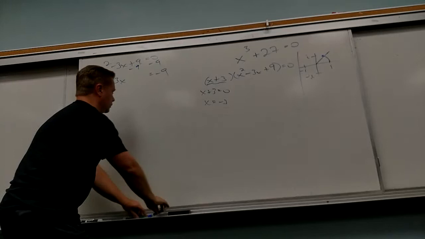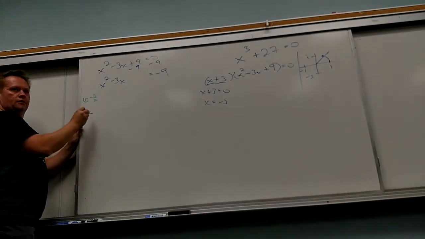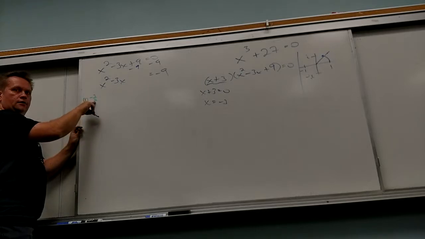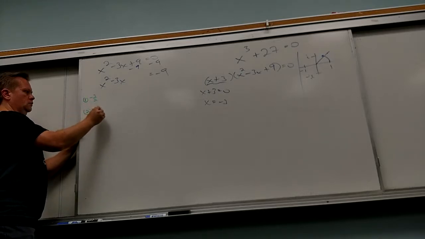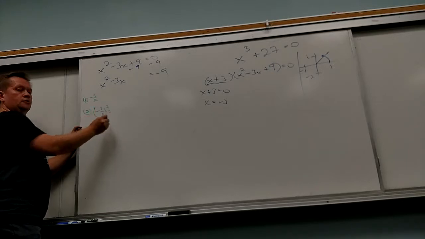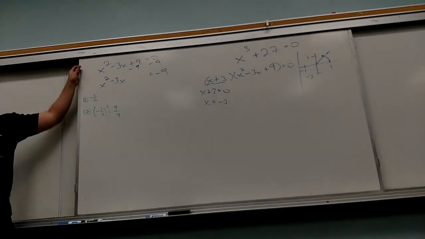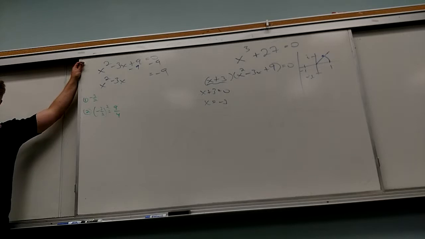The middle. Okay, so first step is take -3, cut it in half. Second step is take that and square it. What's -3 squared? 9. 9 fourths.